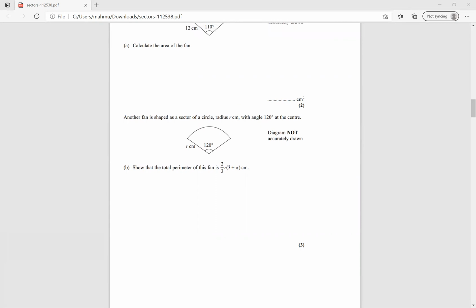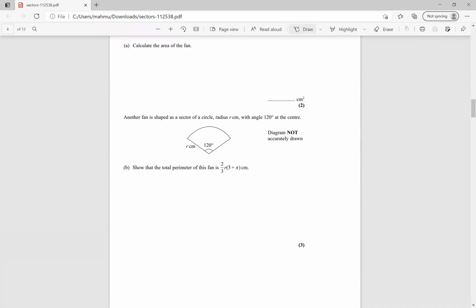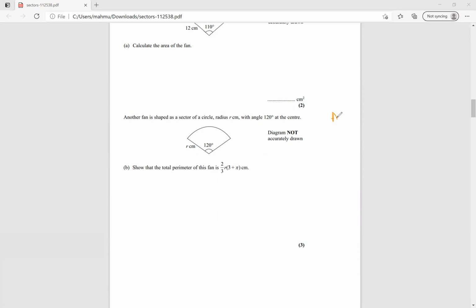So the first thing I'll do is write the formula down for working out the perimeter. So the formula was, let me get my pen out. We use angle over 360, then do 2 pi r.